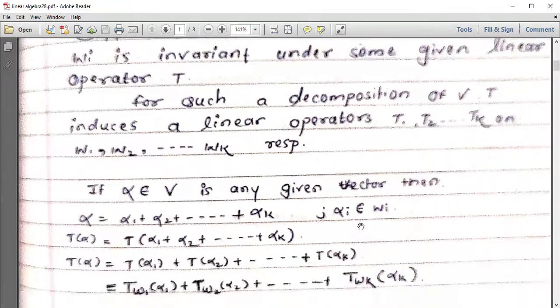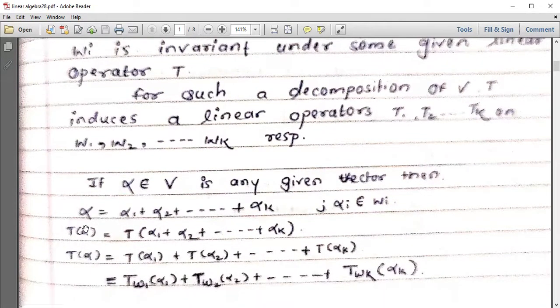Then applying T on both sides, T of alpha is equal to T of alpha 1 plus T of alpha 2 plus up to T of alpha k.